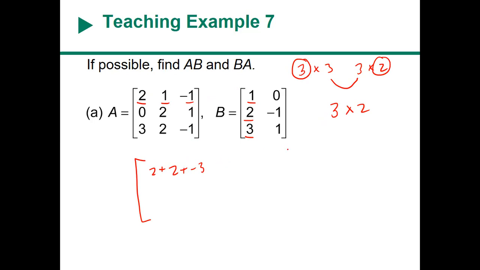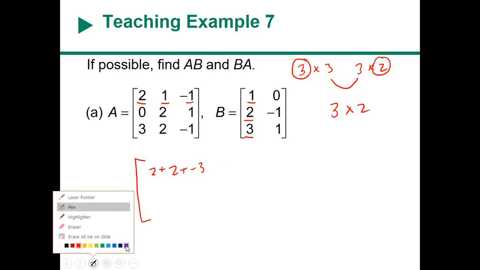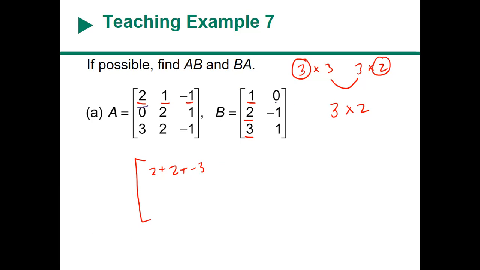Now we're going to go on to the next one. So I have 2 times 0, which is 0. 1 times -1, which is -1. -1 times 1, which is -1. Second element done. First row done.